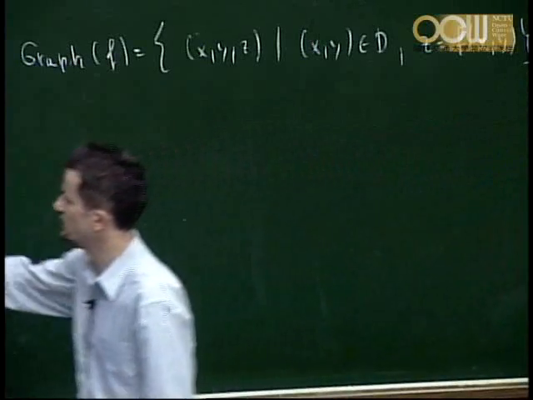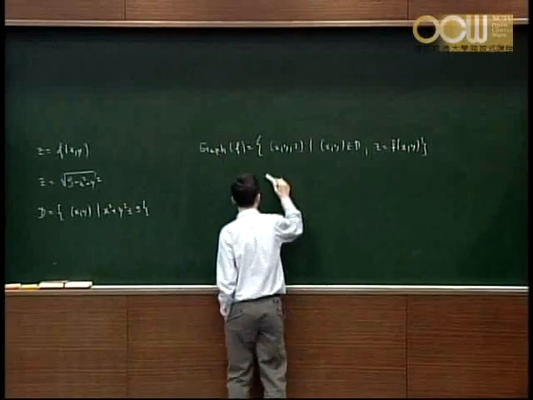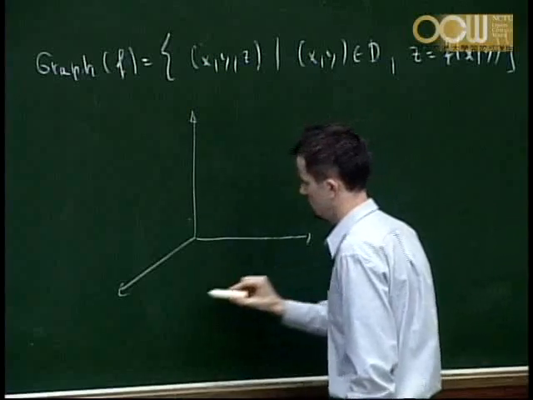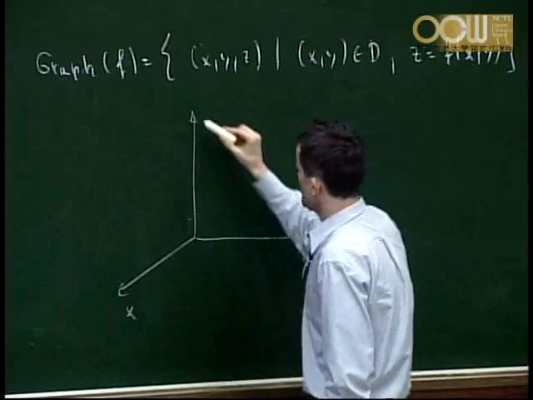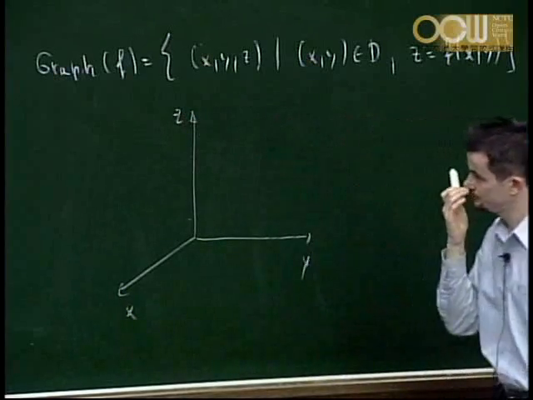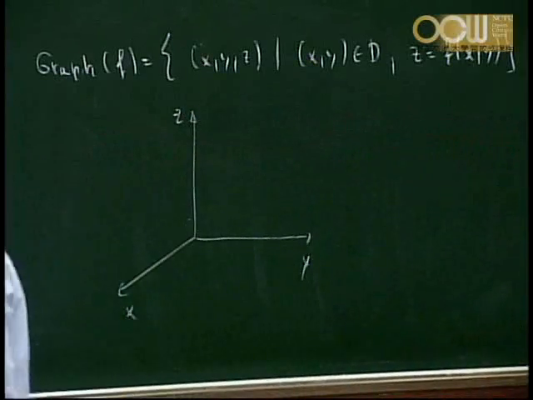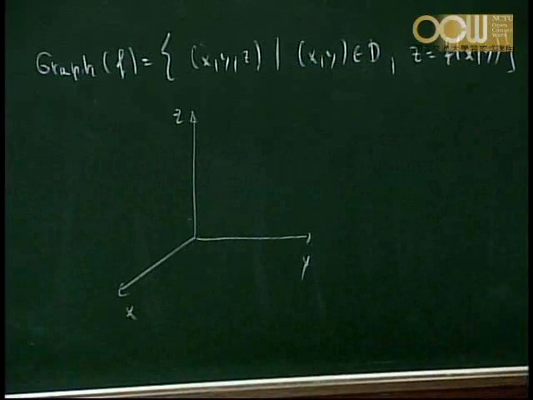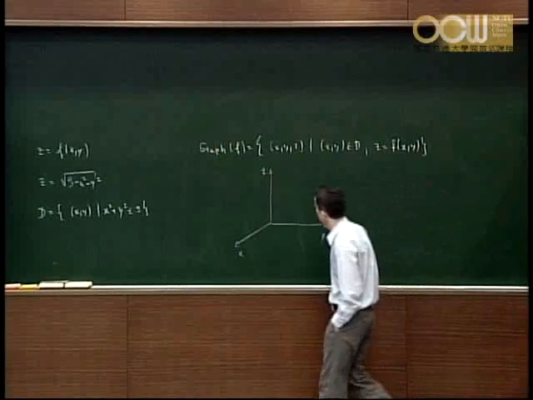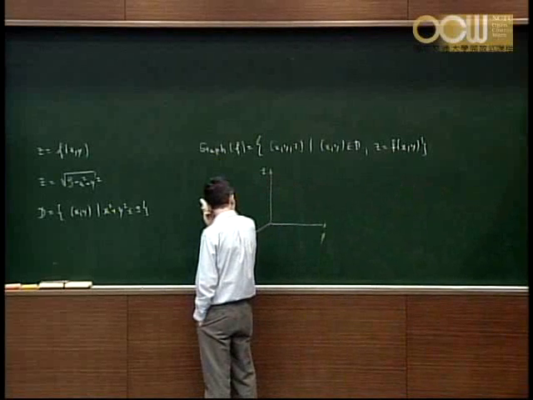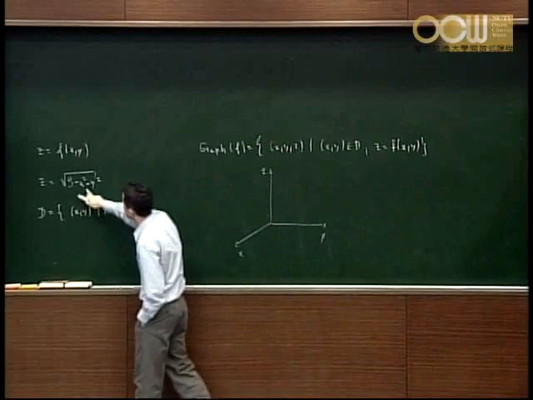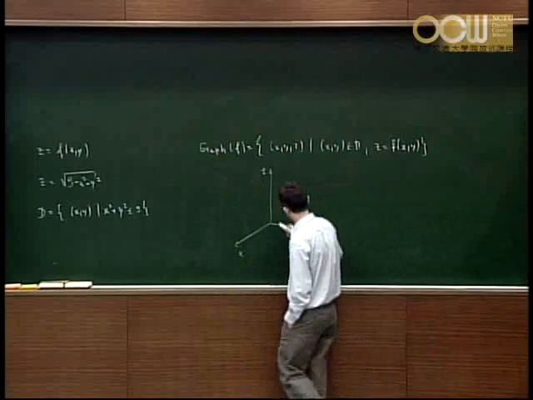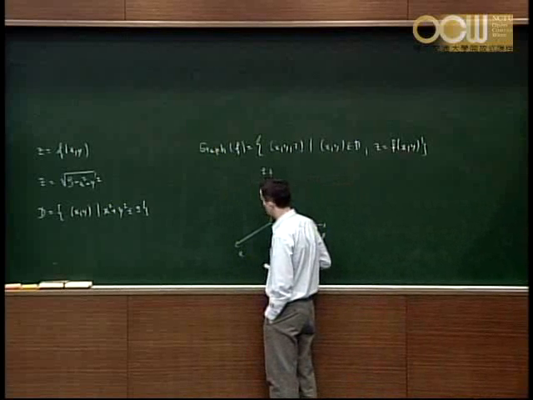And for instance, for this one, it would be possible to plot the graph without having a graphing device. Because you see, this is one of the quadratic surfaces which we have classified before. This one is the elliptic paraboloid, but it's not in the standard form.